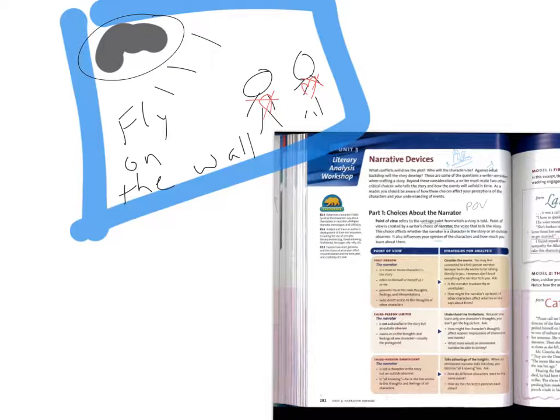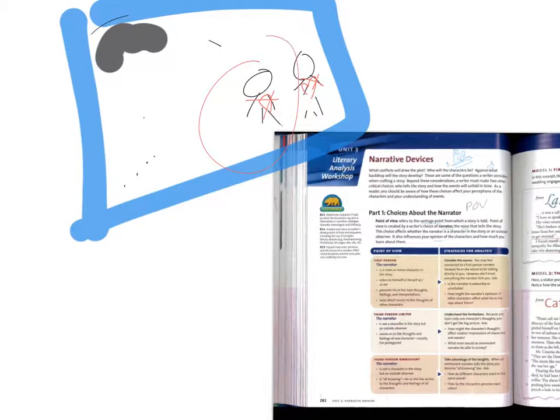But what if the narrator wasn't a fly on the wall, but was this person right here? This person's narrating about everything else. Now we're talking about a character in the story. So that's a different vantage point. The person's in the story.